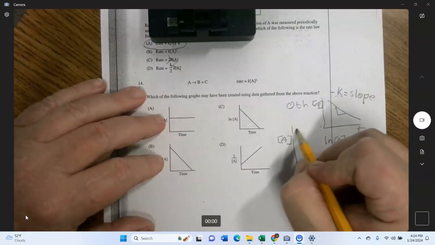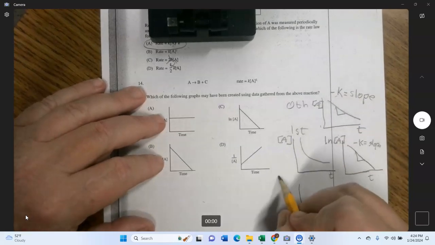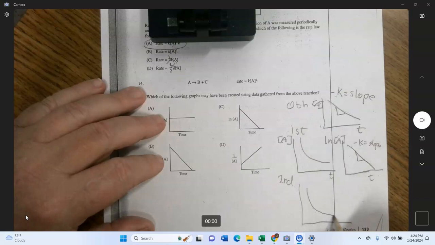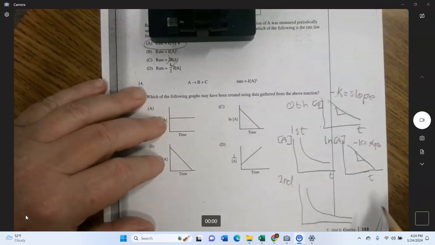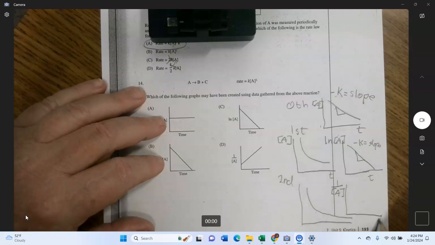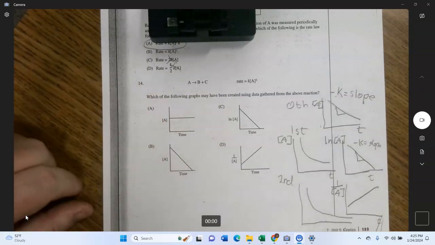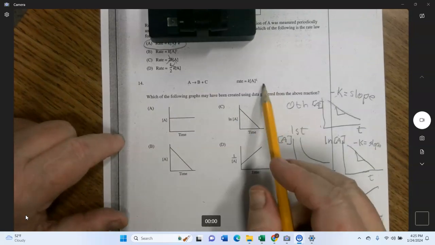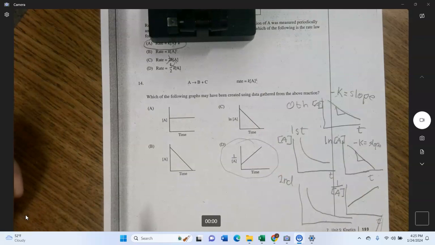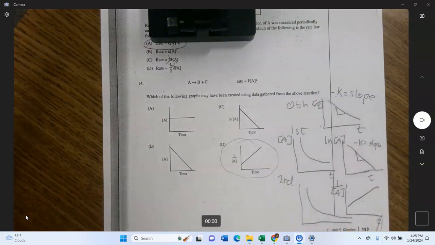So this is first, this is second. It has a curve that looks somewhat like the first order. You can't really tell much difference. Now let me draw this. And with this one, if you plot 1 over the concentration of A versus time, you get a positive sloping line. So this is second order, and this would be the answer right there. You need to memorize these, all right?